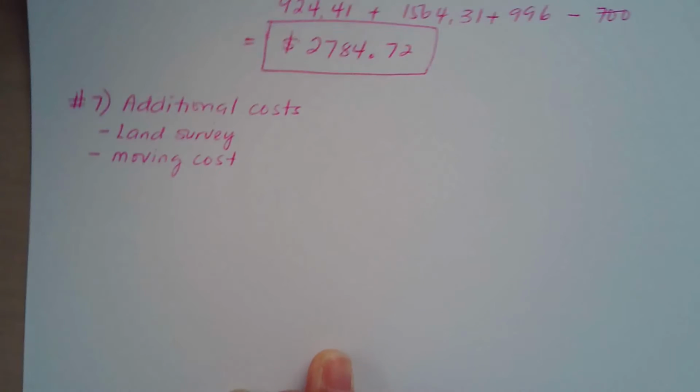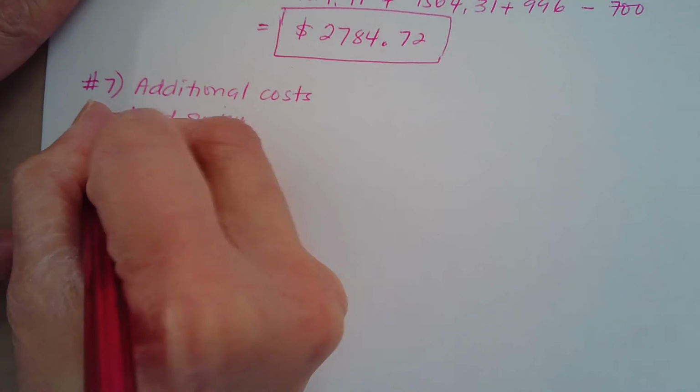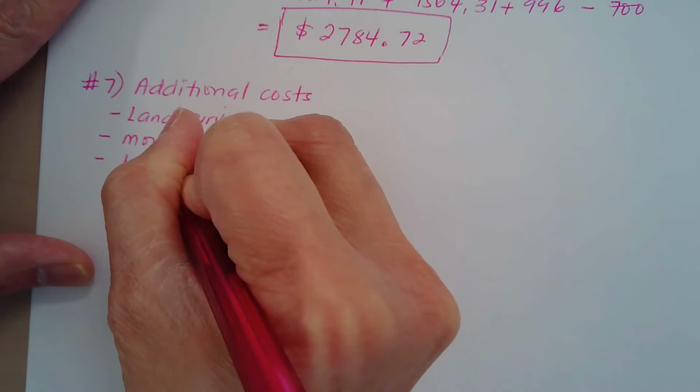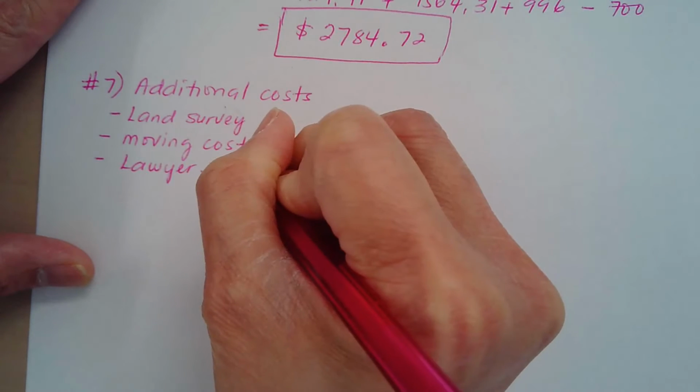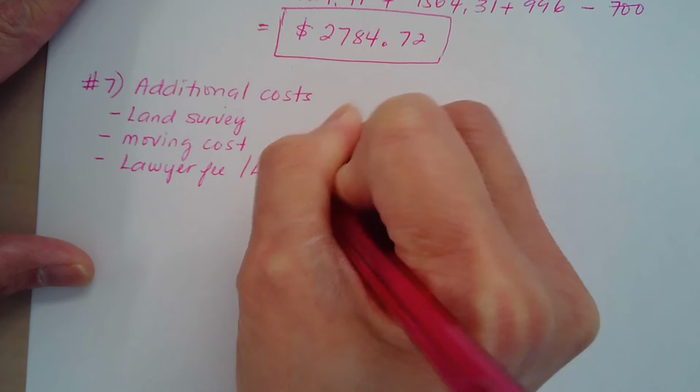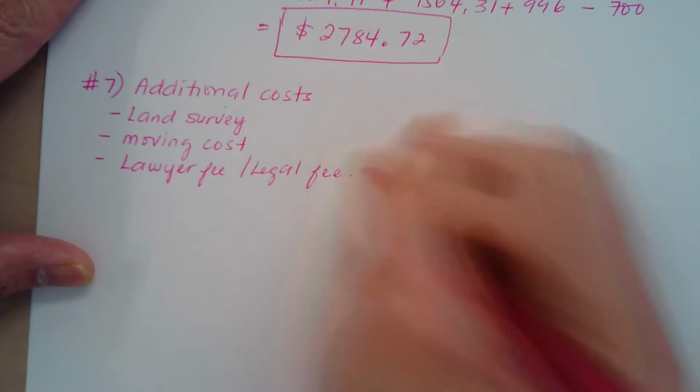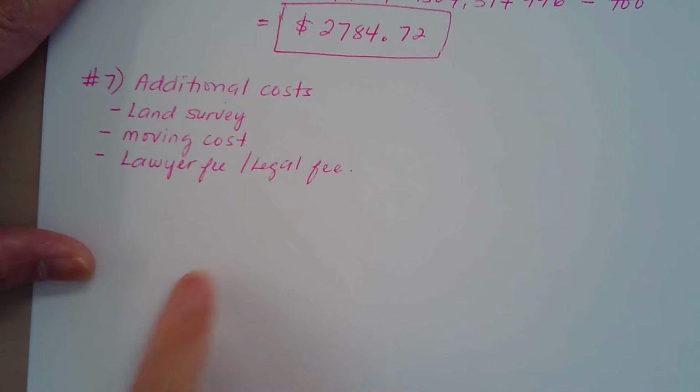Okay, good. Anything else? Additional cost? Lawyer cost? Legal cost, yeah. Lawyer fee or legal cost. Because the lawyer is responsible for doing all of the paperwork that's involved in purchasing a house.